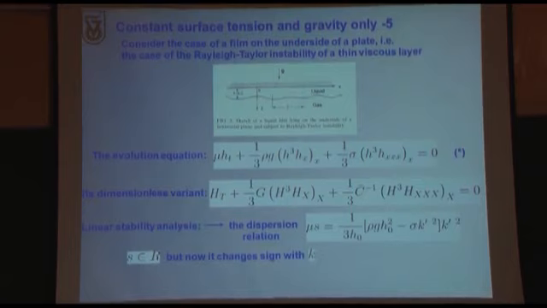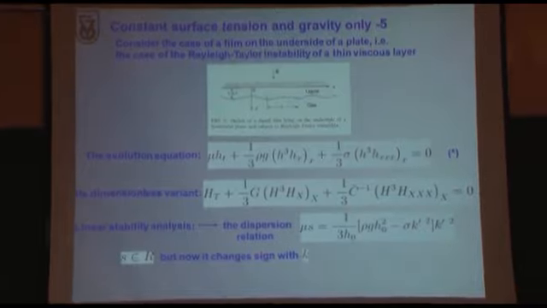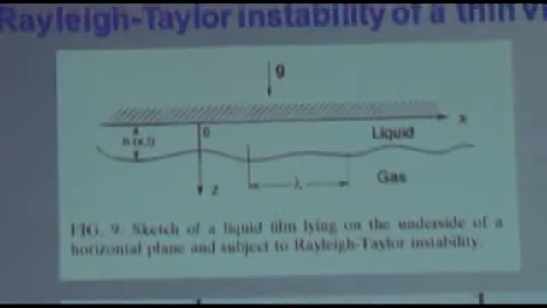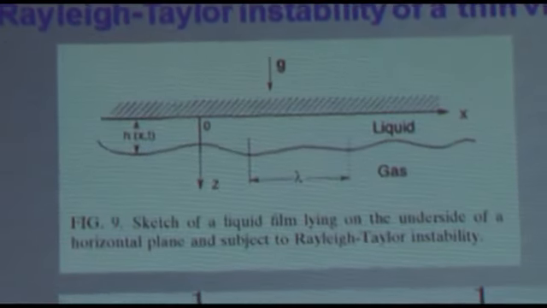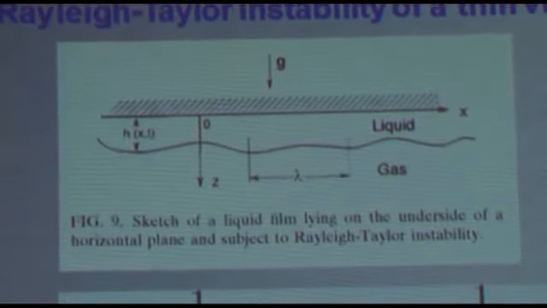This is the configuration of the system I'm talking about now. This is the substrate, this is the ceiling, this is the film, this is the G direction. Now there might be some disturbance on the surface, and I want to know what happens next. That's my intention. The evolution equation I don't need to derive once again because I had it in the previous example.